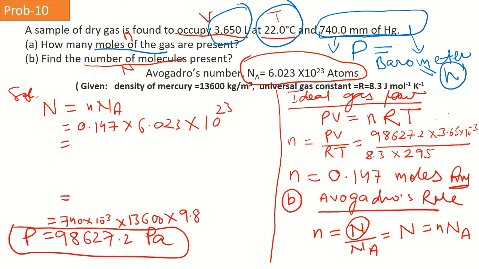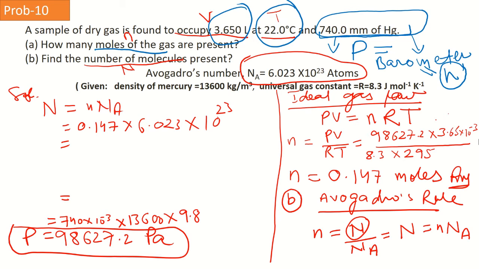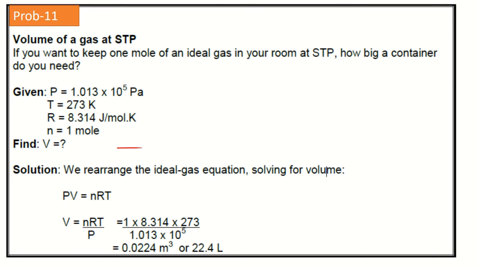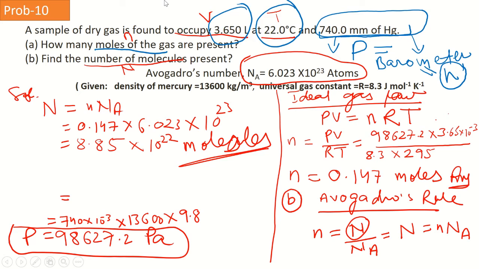After the multiplication, the value will be 8.85 into 10 to the power 22 molecules. So this is the answer for part B.